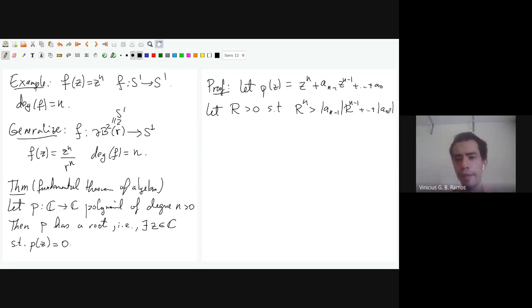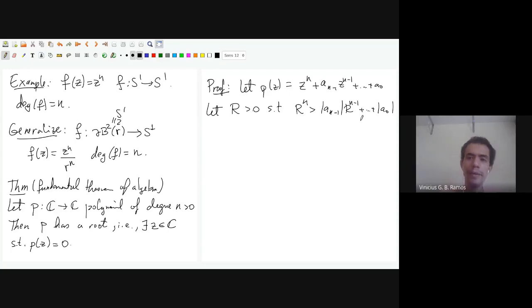Okay, so I just want to fix r sufficiently large. And you can always do that, because when you look at this divided by that, this goes to infinity as r goes to infinity. The ratio of the left-hand side by the right-hand side. So we can always get this to be greater than 1 for r sufficiently large.